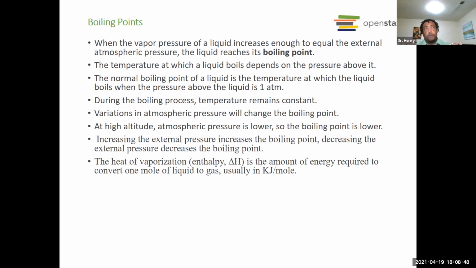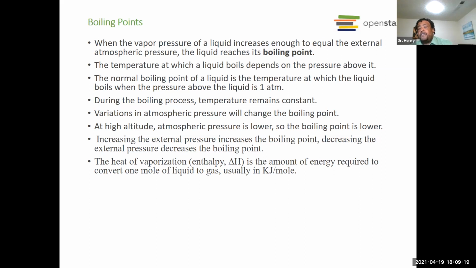Normally at sea level, the external atmospheric pressure is about 1 atmosphere. So it's basically that temperature where the vapor pressure is slightly above 1 atmosphere, and that will be our boiling point. Does that make sense?